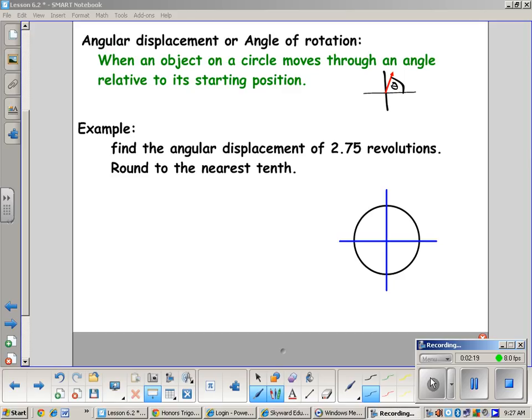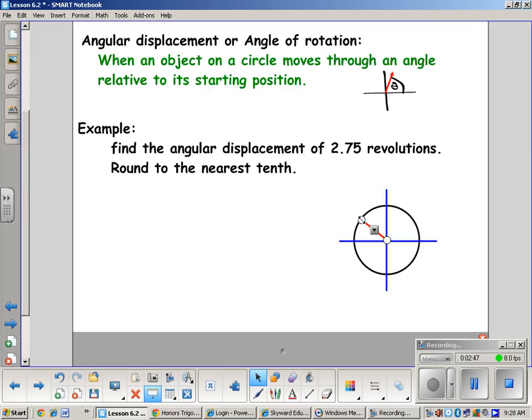Question was, where do I start? The x-axis. If I put a little ray up here, we could start there. One revolution means that I take this and go all the way around back to here. But I wouldn't have to start there. I could start here if I wanted to, and one revolution would take it all the way around back to here again.